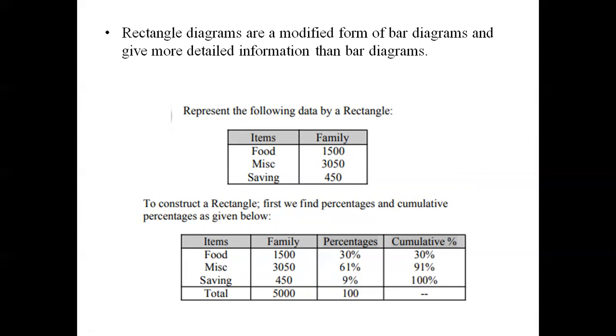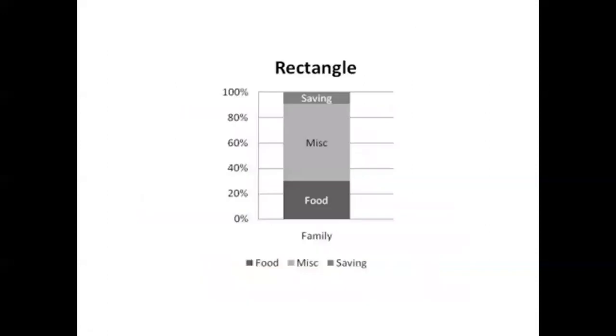For drawing the rectangles, we can use the percentage or cumulative. It is better to use the cumulative than the percentage, because from the bottom to above we have to show the segments.